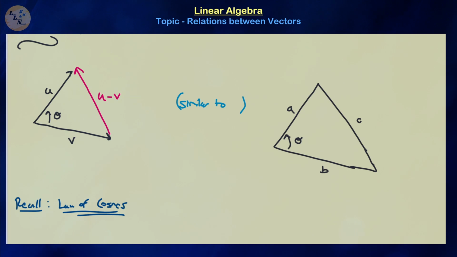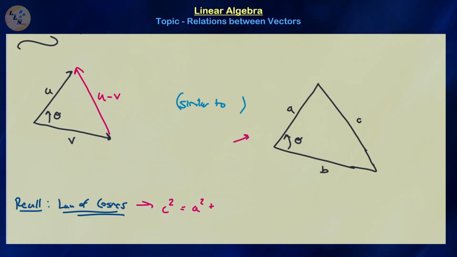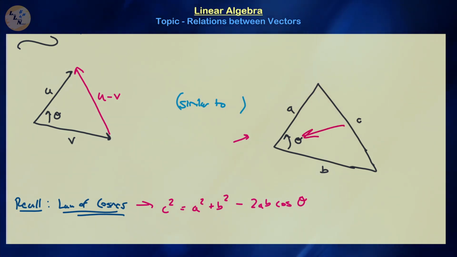So according to the law of cosines, with respect to this latter picture, we know that c squared is going to be equal to a squared plus b squared minus 2ab times the cosine of angle c, which is the angle in between a and b.